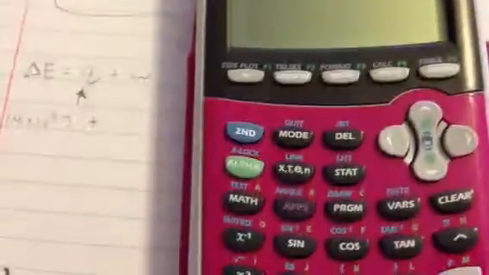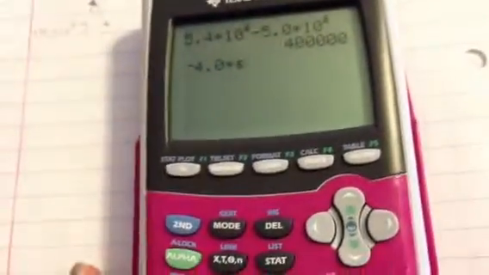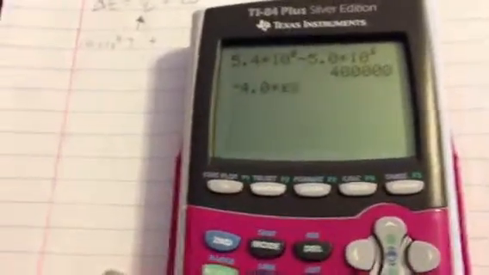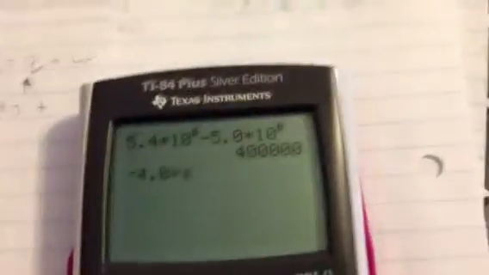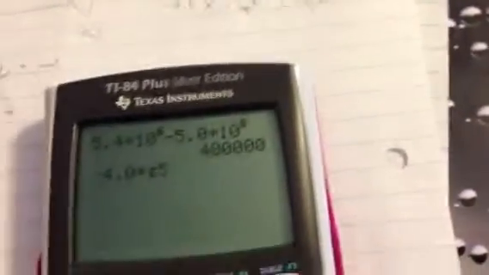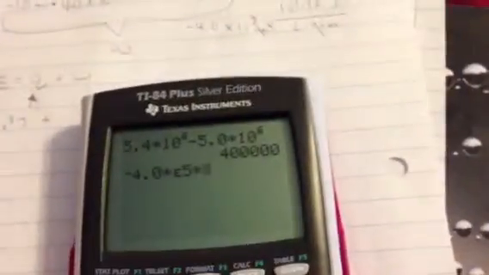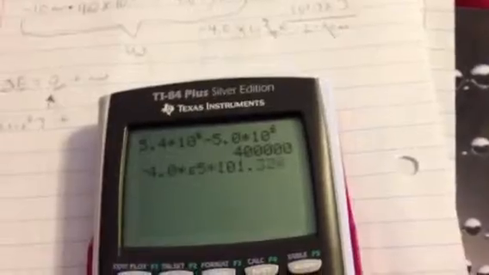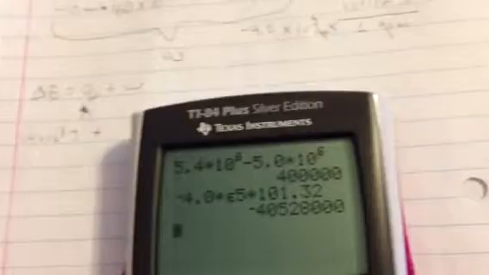So now we're going to do our negative 4.0 times 10 to the 5th, and now we're going to multiply that by the 101.32 joules. In turn, it gives us negative 405, or actually more than that.